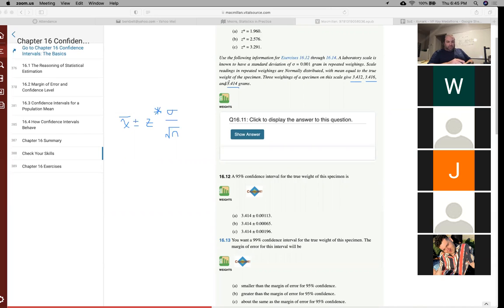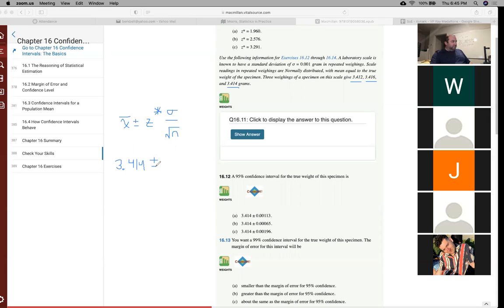It's directly in between, directly between 12 and 16. It's easy. If I add them up and divide by 3, it is pretty basic. So x bar is 3.414.